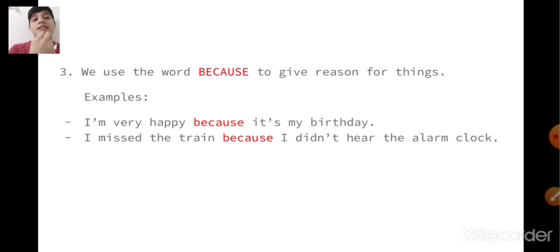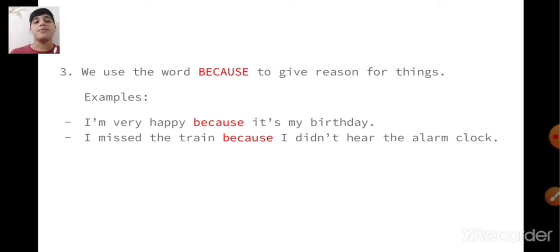Now we're going to use because, okay? And pay attention to this, because we use because most of the times to give reason for things. For example, I am very happy because it's my birthday. Okay, so we are giving the reason why we are happy. And the reason is, it's my birthday.